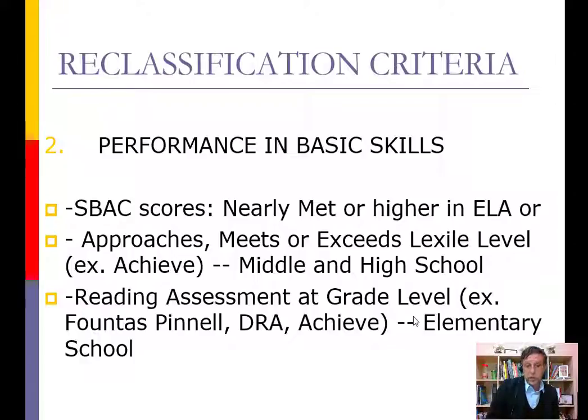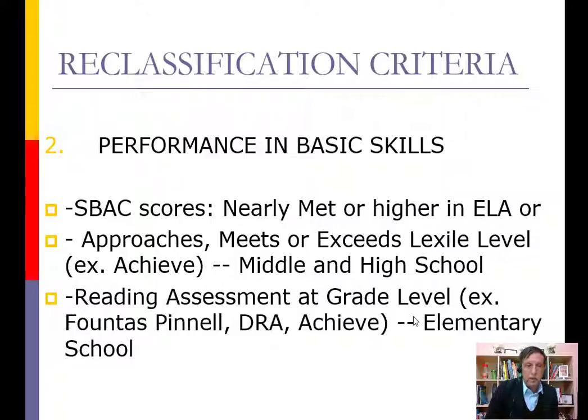You have two options here, and we'll review this in a few minutes, but you have your SBAC scores, your CAASPP scores, at nearly met or higher in ELA, or you have approaches, meets, or exceeds a Lexile level for middle and high school, or for elementary schools, you have a reading assessment at grade level.